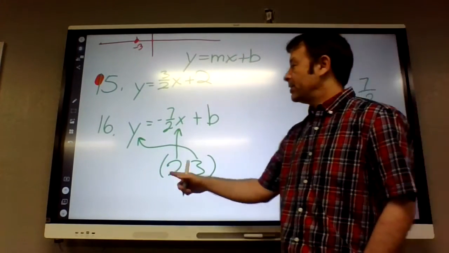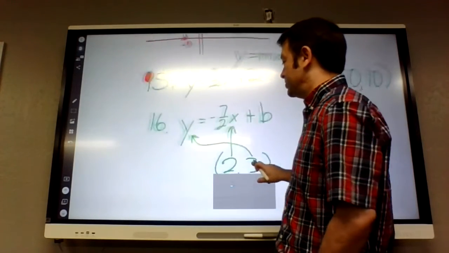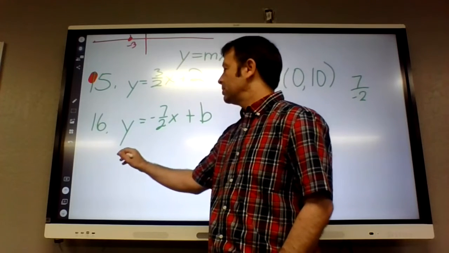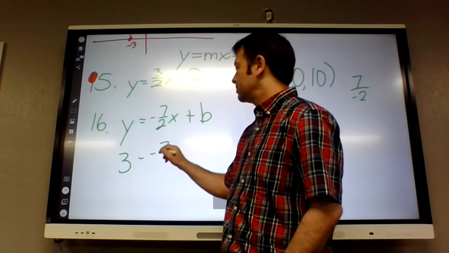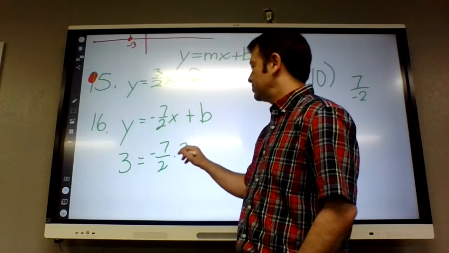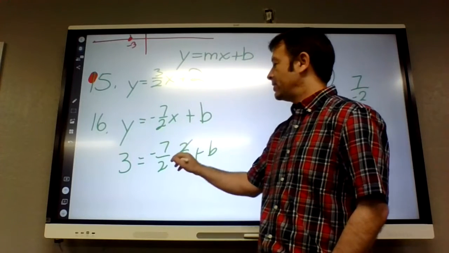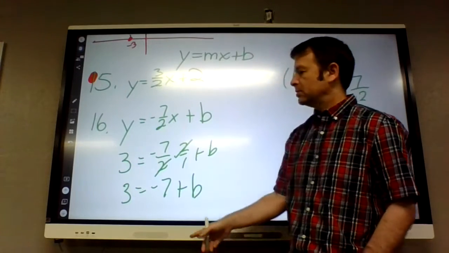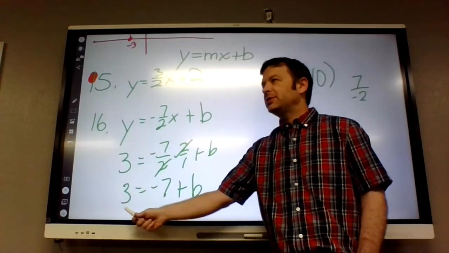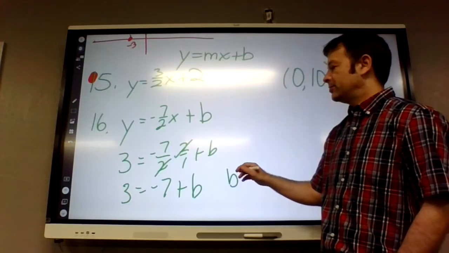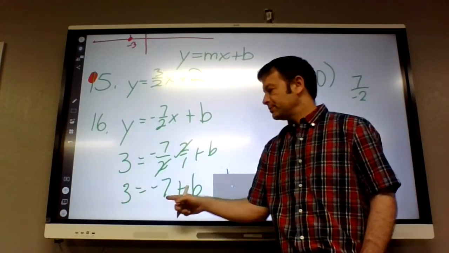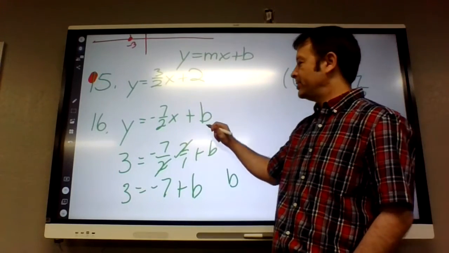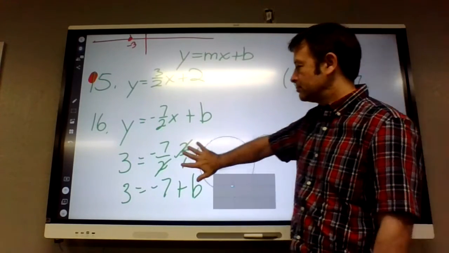If I plug in those numbers, 3 and 2, what is the b value? Plus 7, right? 10. That's what I was trying to explain right there. Anyway, the b value is 10.